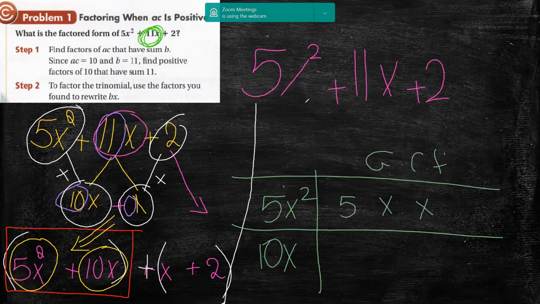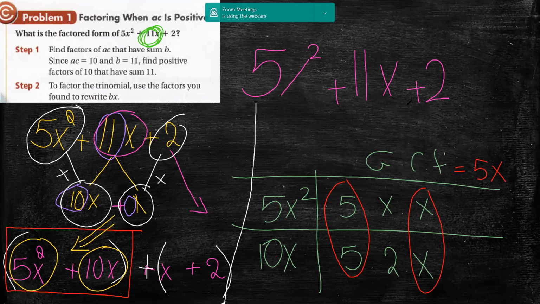I wrote all the factors for 10x, which is 5 times 2 times x, and for 5x squared, which is 5 times x times x. These are the factors. Then I will find the common. What is common now? 5 and x. So the greatest common factor here is 5x.